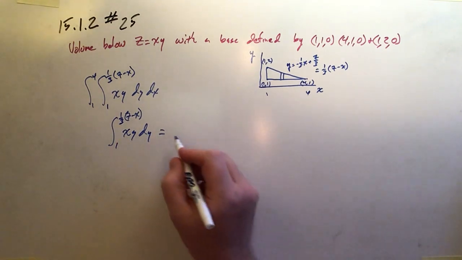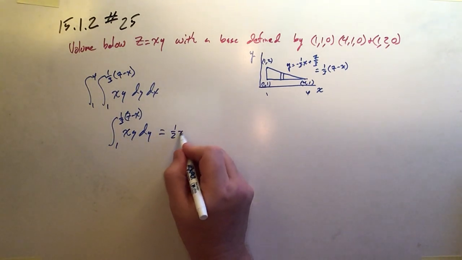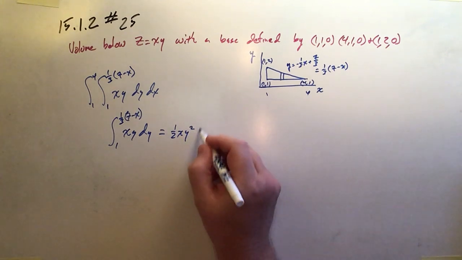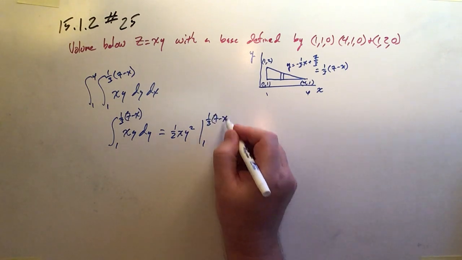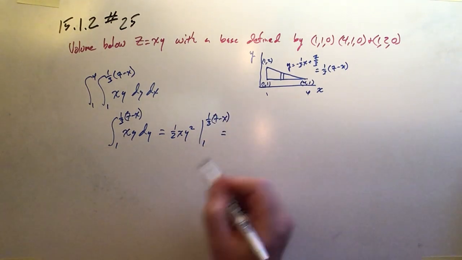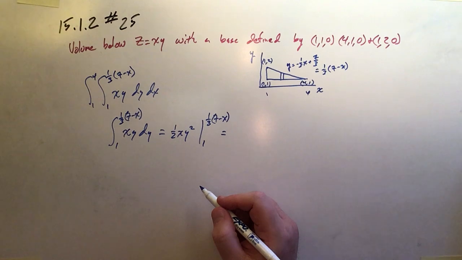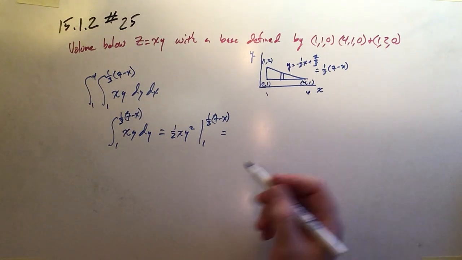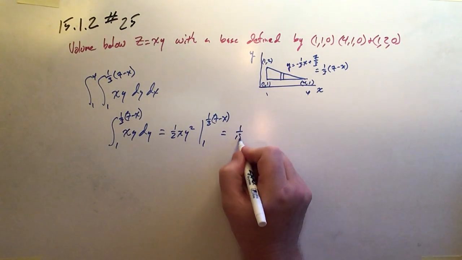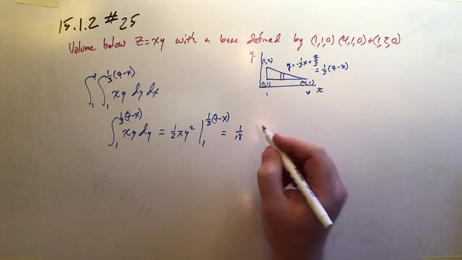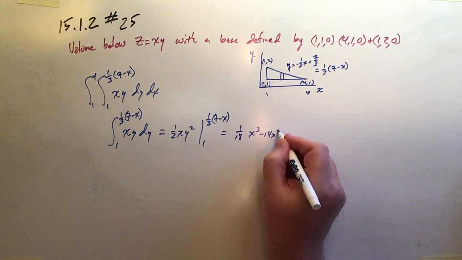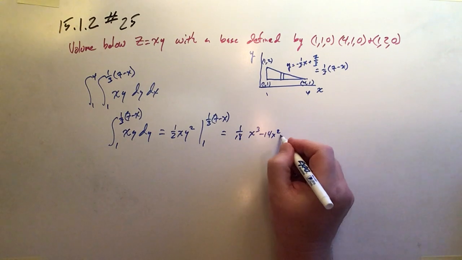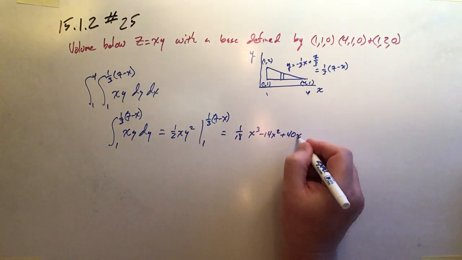So the integral's not too bad. This is just going to be 1/2 xy squared, evaluated between 1 and 1/3 of (7 minus x). So this gets moderately messy once we plug everything in, and what we end up with at the end is 1/18 of (x cubed minus 14x squared plus 40x).